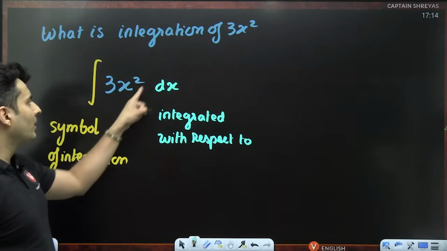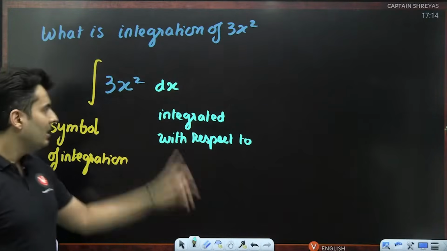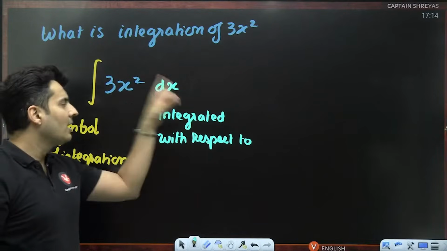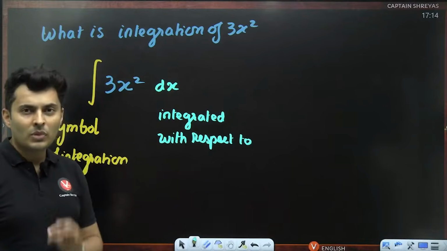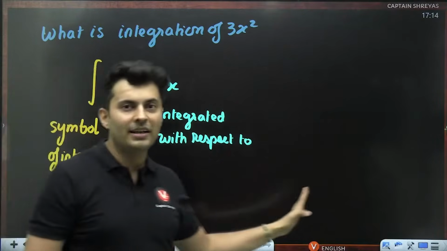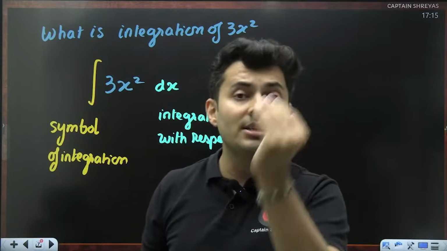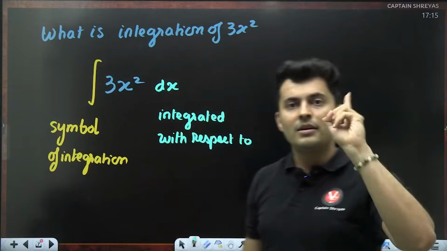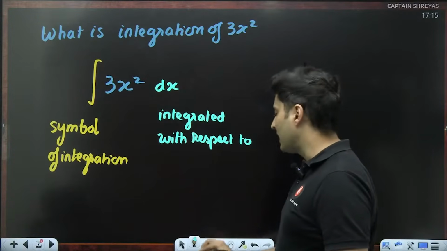If there is x over here, I will always integrate with dx. If there is z here, I will integrate it with dz. If there is t here, I will integrate it with dt. So these two variable types should be the same. Otherwise, you can't integrate, just like you can't differentiate sin x with respect to dt. You have to use chain rule and all of that. So integration also works the exact same way.